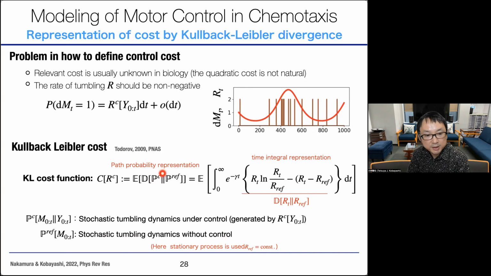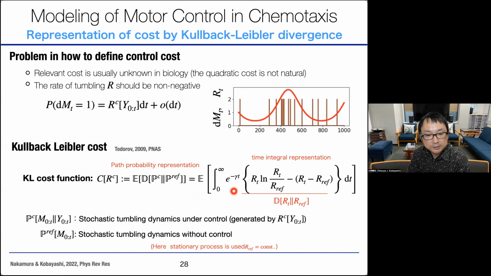And then by the control, this tumbling rate is modulated. So we have the biased probability by the control. We evaluate the cost of the control by the difference between these two.